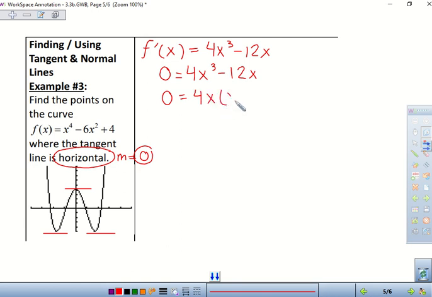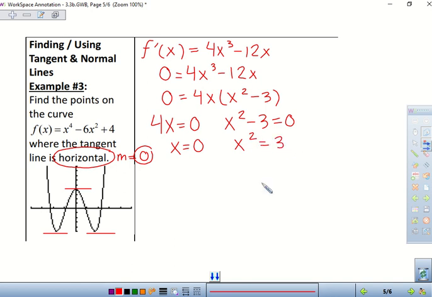4x, which leaves me with x squared minus 3, right? The zero product property says I can set each of these equal to 0 and solve for x. So this gives me x equals 0, and this gives me x squared equals 3, take the square root.